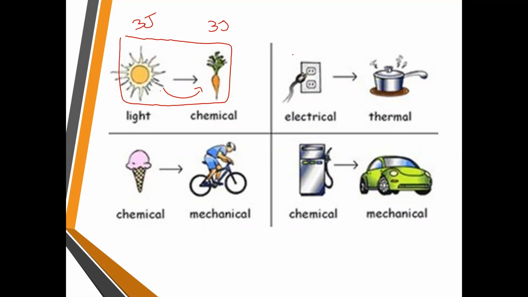Here in this one, there's electrical energy. You have this electrical appliance, and you put it on the plug of the wall. Now here you have electrical energy. This electrical energy makes the pan start working. When it starts working, a thermal process happens inside it.